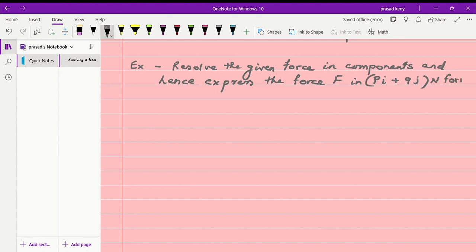So obviously here P will be nothing but the x component and Q will be the y component. So let us take the first problem here.